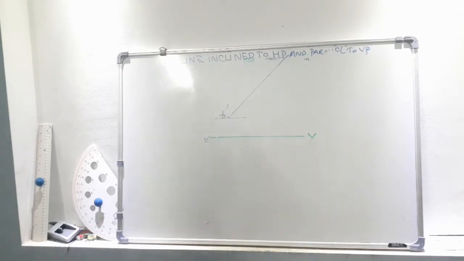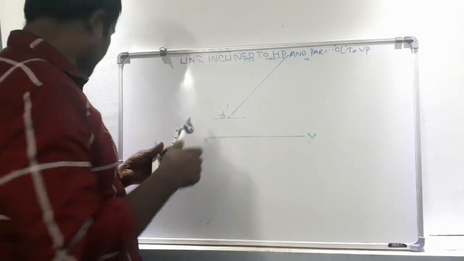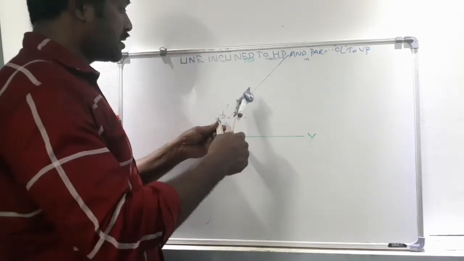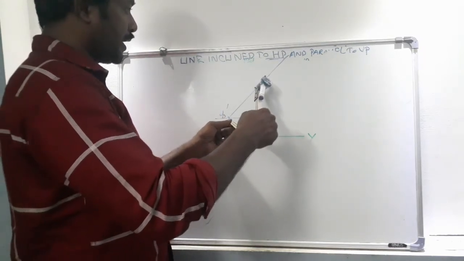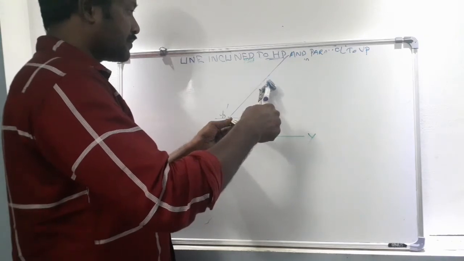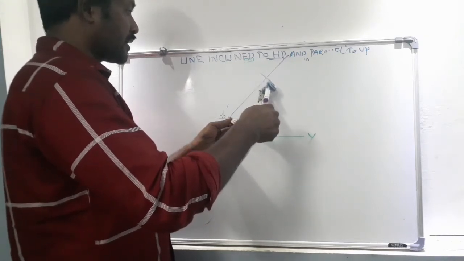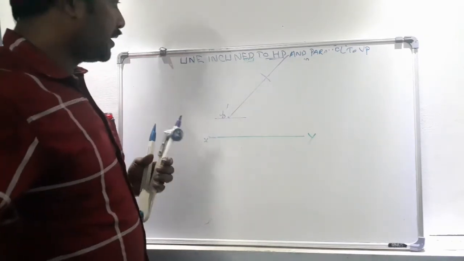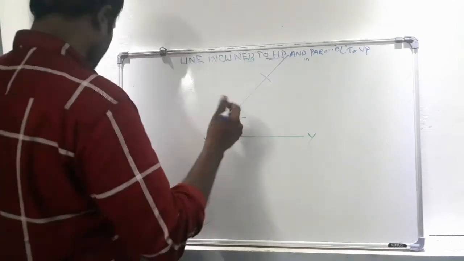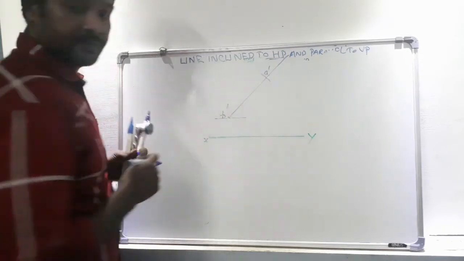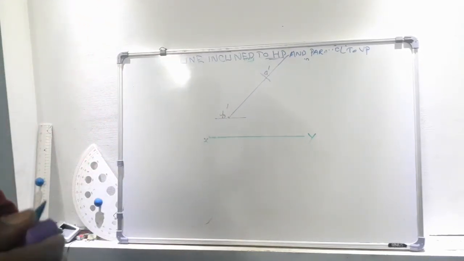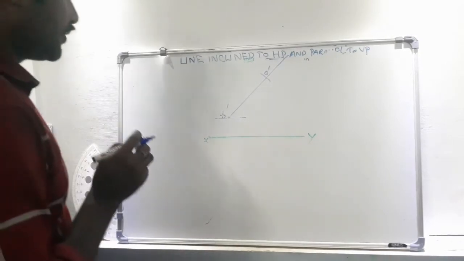Now with the help of your compass, take 50 mm radius. Keeping B as center, draw an arc here, keeping 50 mm. This intersecting point is called A dash. Now we have to get our front view.